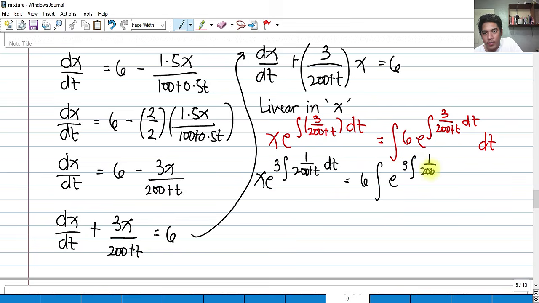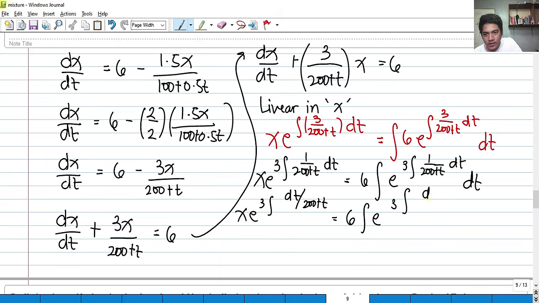So this is simply e raised to 3 integral of dt over 200 plus t, equal to 6 integral of e raised to 3 integral of dt over 200 plus t, dt.